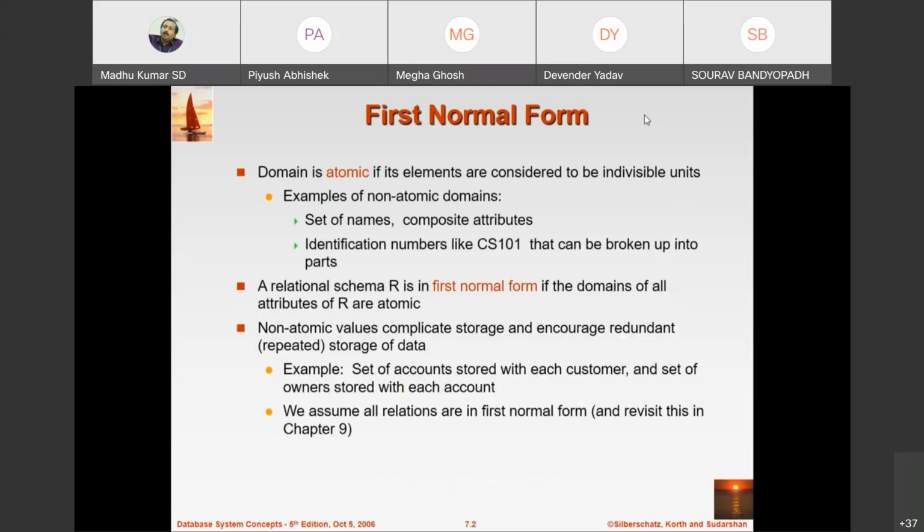So in order to reduce or measure the redundancy present in a table in a database design, a theory called normalization theory has been developed. If a particular relation or database table satisfies certain criteria, certain conditions, we will say it is in a specific normal form. So normal form is a logical state in which a database table can be, based on the amount of redundancy present in that table.